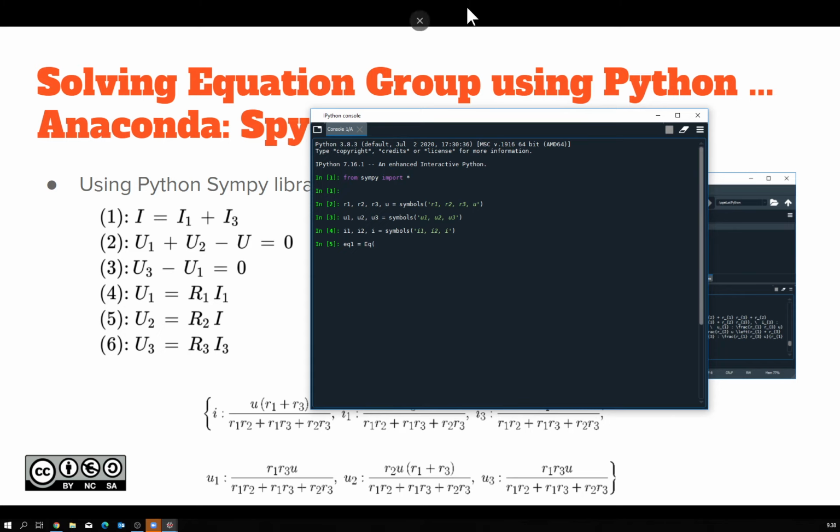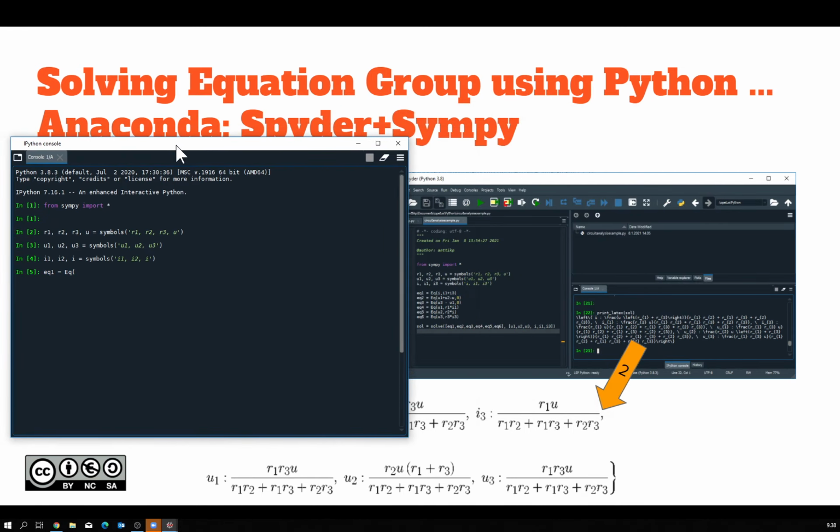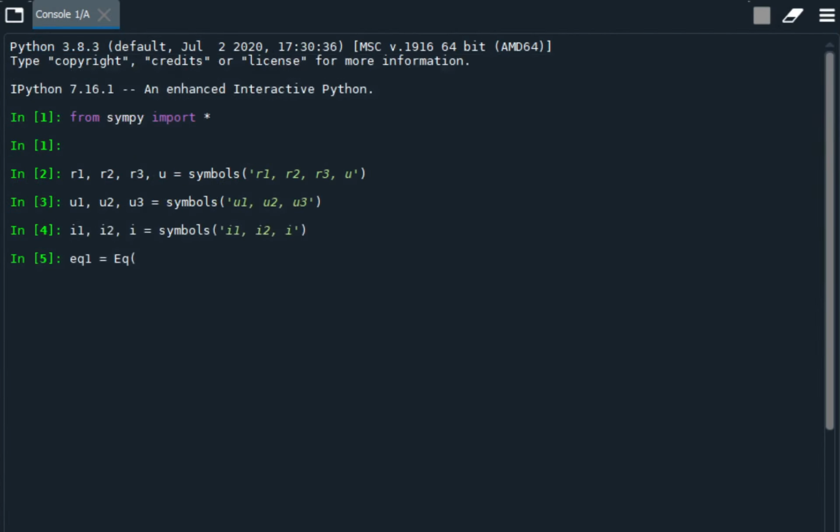Okay, and let's see. So those equations, and I cheat again. The first equation was I equals I1 plus I3, and this is how you do it.